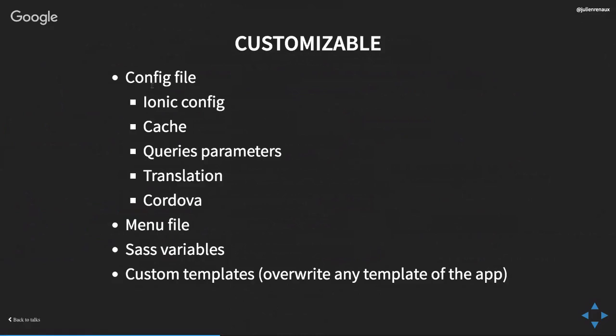So it's highly customizable. A feature I recently added is custom templates. So you can overwrite any of the templates of the app. It means any of the views, any of the directives, anything. If you don't like a button, you can remove it, or you can do whatever you want.